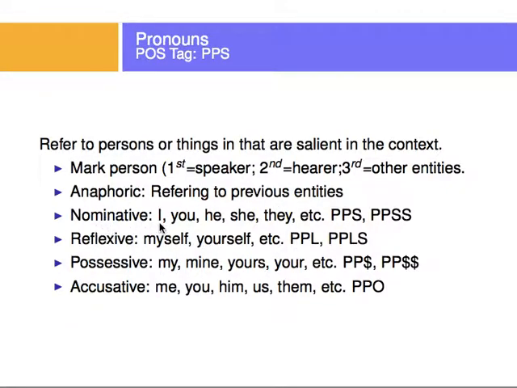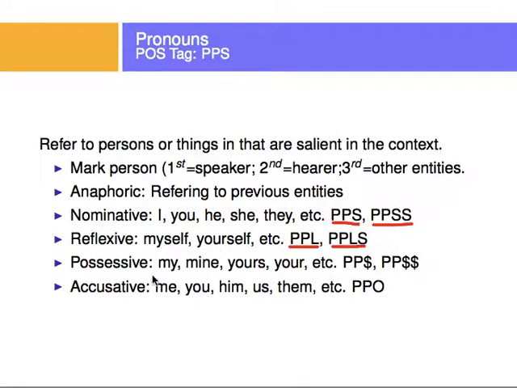Nominative, so for example, if the pronoun is I, you, he, she, they, etc., I'm gonna tag them with PPS. If they're plurals, I'm gonna tag them with an extra s. If the pronoun is reflexive, like myself, yourself, if it's singular and plural, we'll distinguish that. Usually plurals is the same tag with an s at the end.